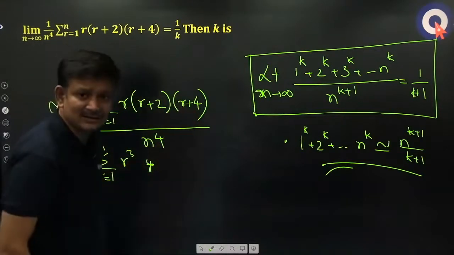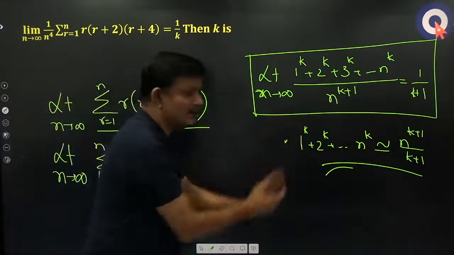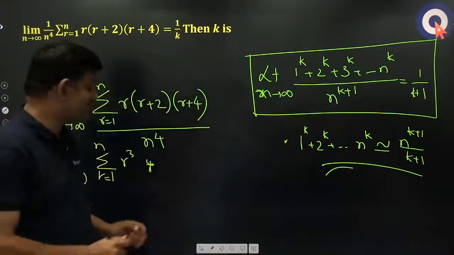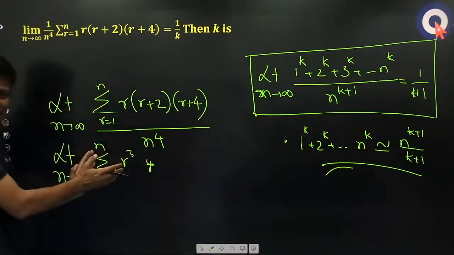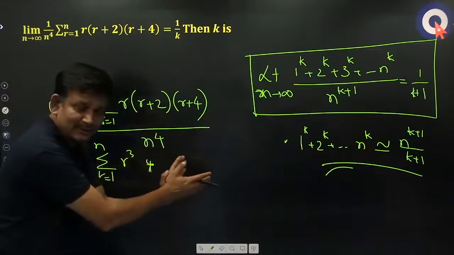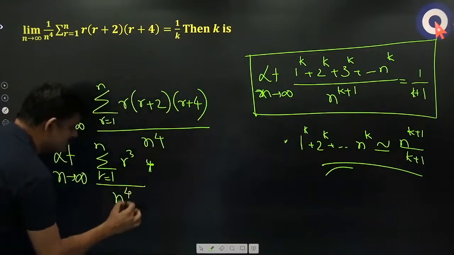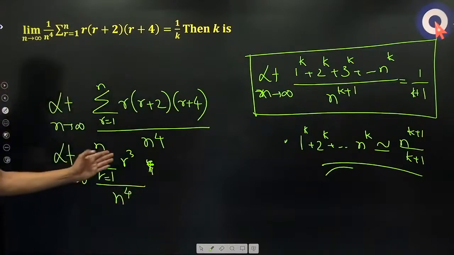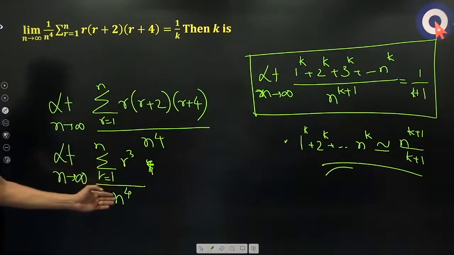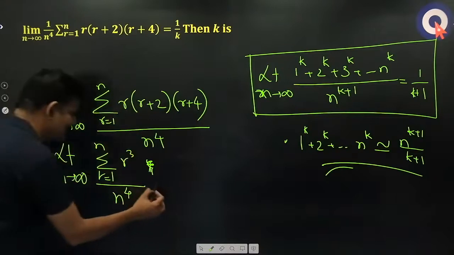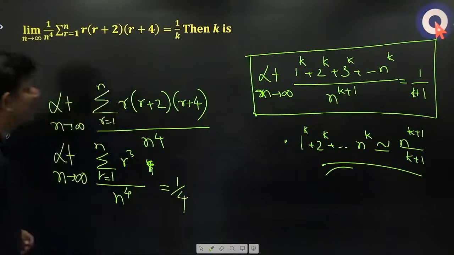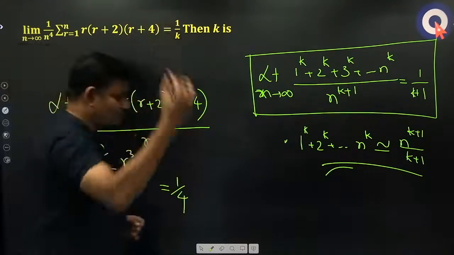Similarly, sigma r will be equivalent to n square. As you can see, n power 4 here, n square, will it even matter? Not. So this question is simply sigma r cube by n power 4, whose answer is 1 by 4. As simple as that. K is 4 for you.